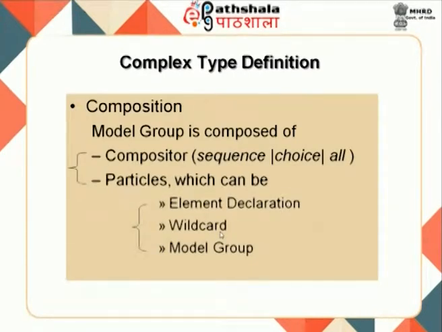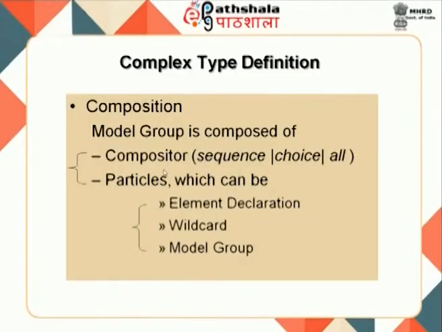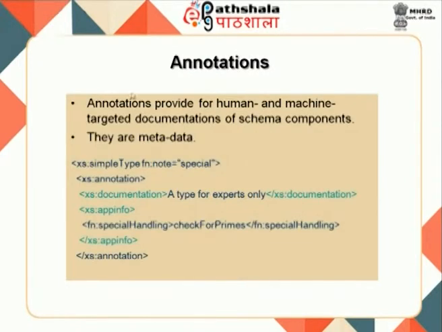Complex type definition can also go with composition. You know that a model group is composed of compositors like sequence, choice, all. We have seen several examples. The particles can be a simple element declaration, wildcard or model group. We can also have annotations.